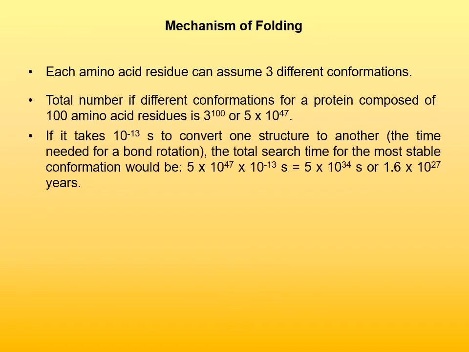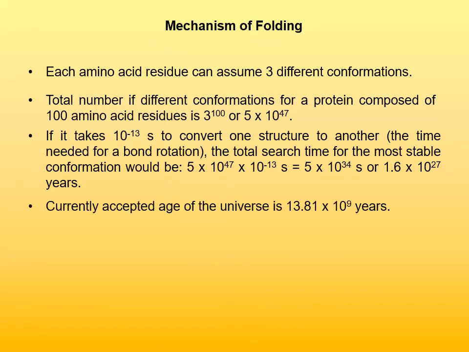And if we assume that it takes a very short amount of time, basically the time of a single bond rotation, 10 to the negative 13 seconds, to convert one structure to another, then the total search time for a protein to examine all possible conformations and then assume the most stable one would be 5 times 10 to the 47th multiplied by 10 to the negative 13 seconds, or 5 times 10 to the 34th seconds, or in terms of years, 1.6 times 10 to the power of 27 years.